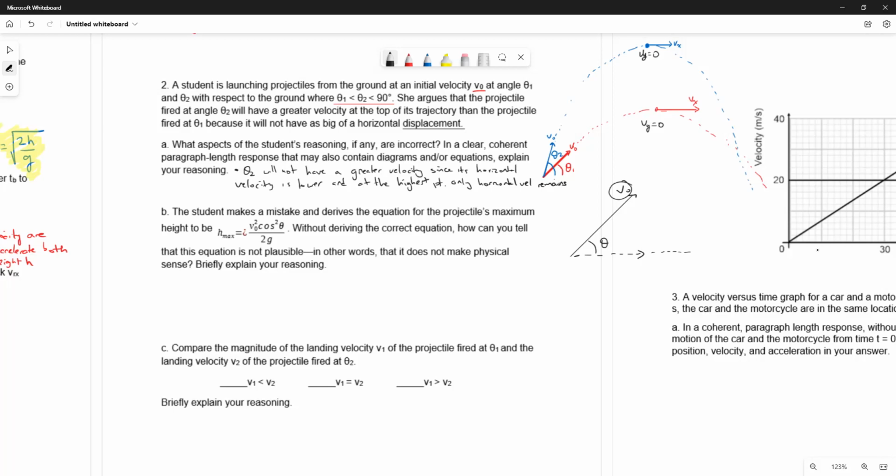Okay, so that's the first thing to correct. And then secondly, displacement is irrelevant in this situation.